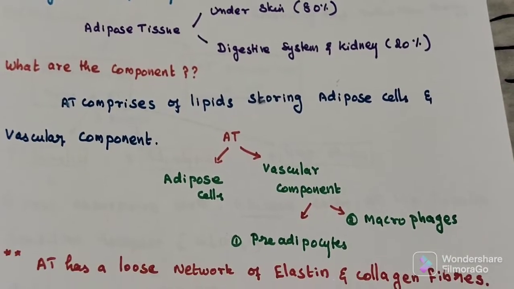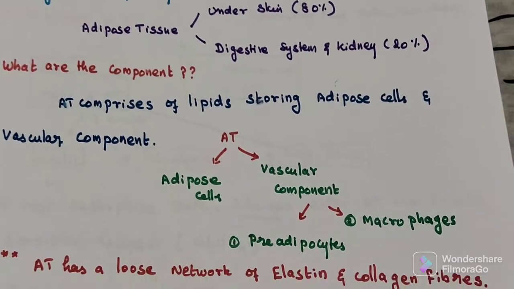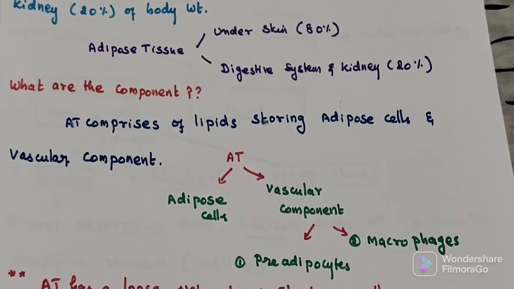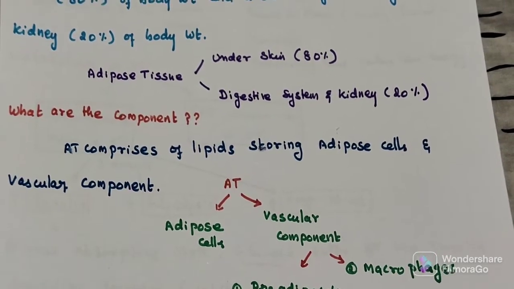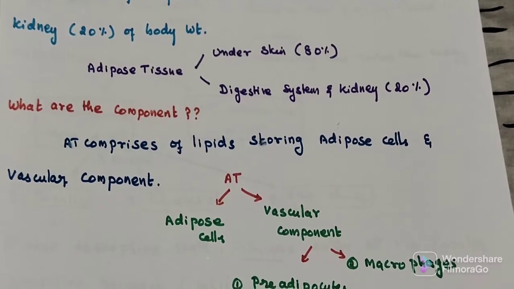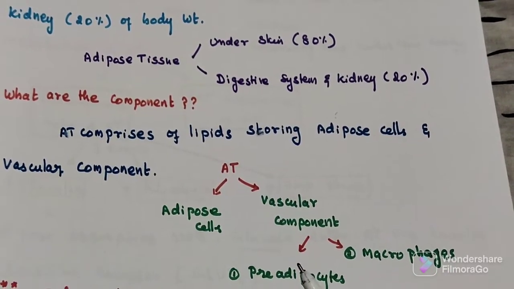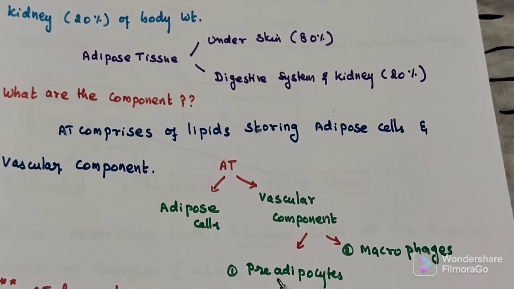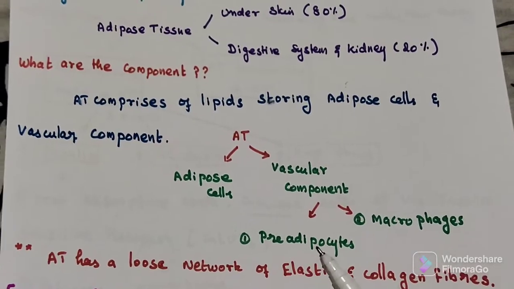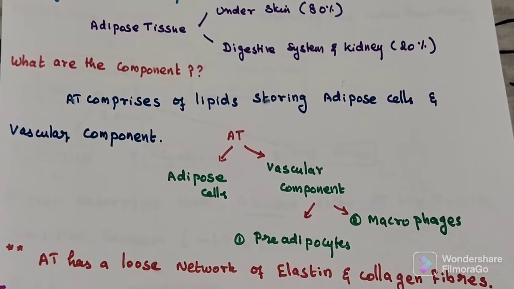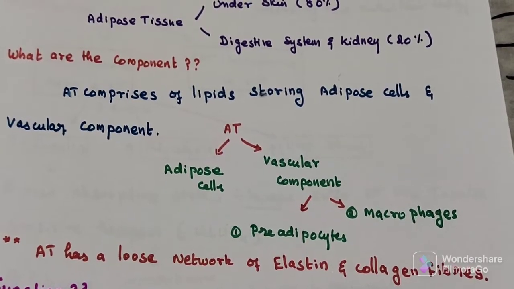Adipose tissue has a loose network of elastin and collagen fiber.